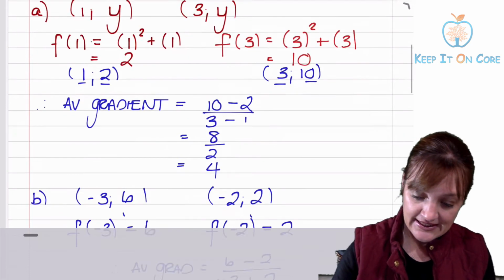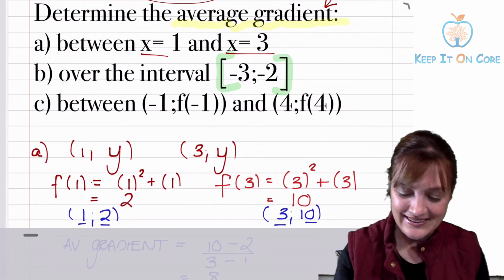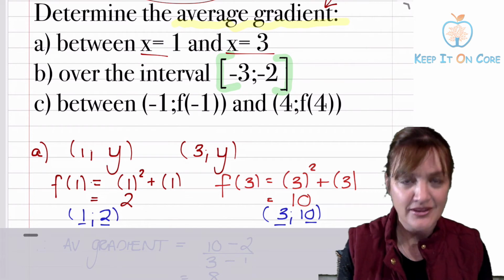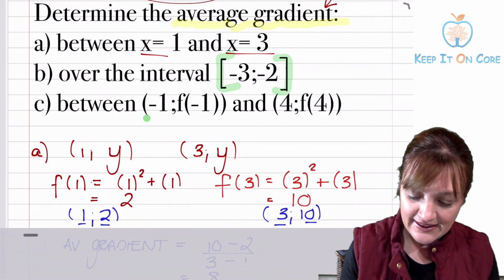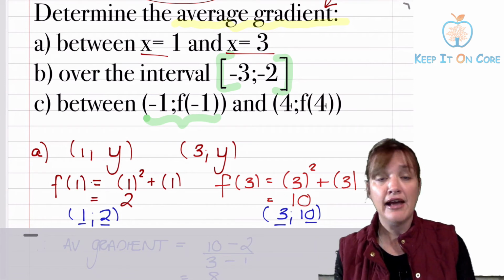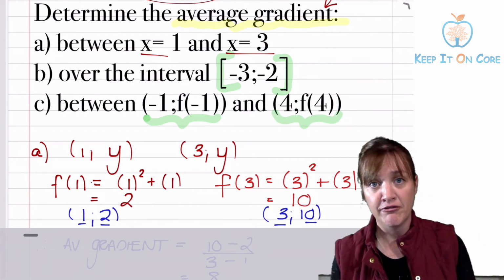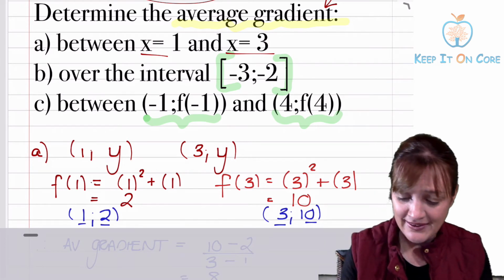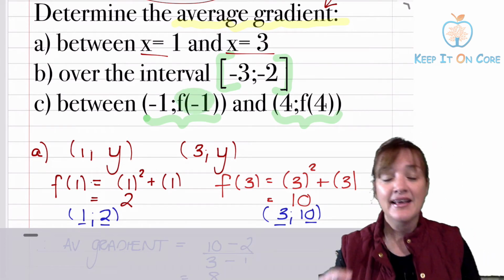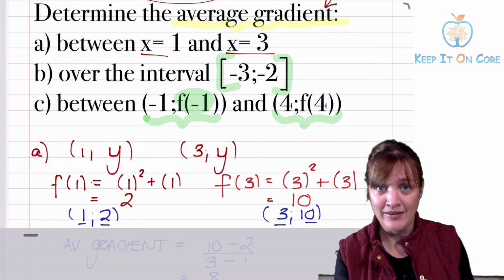And then thirdly, this one's quite nice because it's just asking it in a slightly different way, so don't let it throw you. It says find the average gradient between -1 and f of -1 and between 4 and f of 4. Well, just remember that f of -1 is just the y value where x is -1.